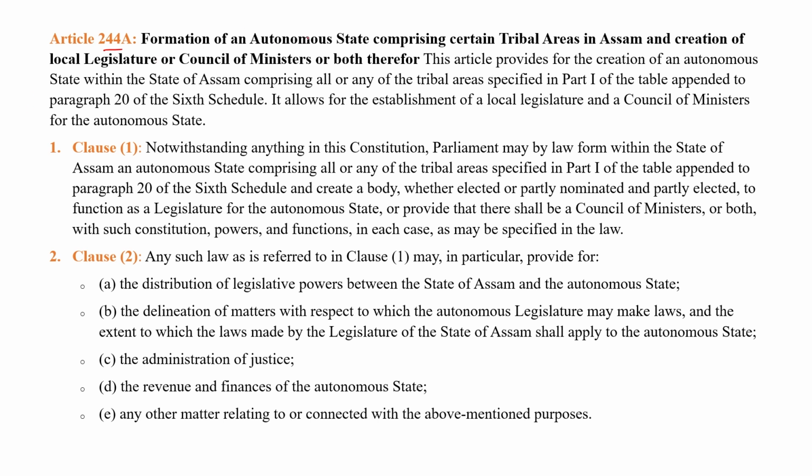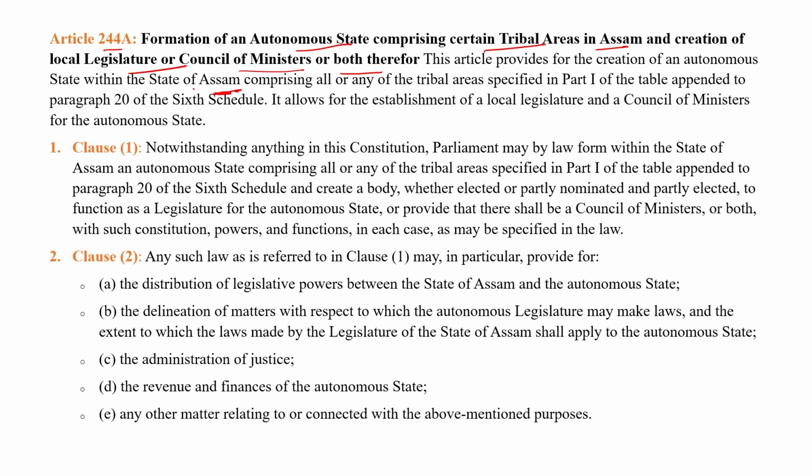It explains the formation of an autonomous state comprising certain tribal areas in Assam, and the creation of a local legislature or council of ministers or both in the Assam area. Let's understand article 244A. This article provides for the creation of an autonomous state within the state of Assam.